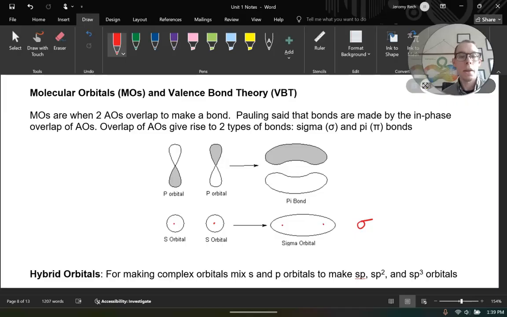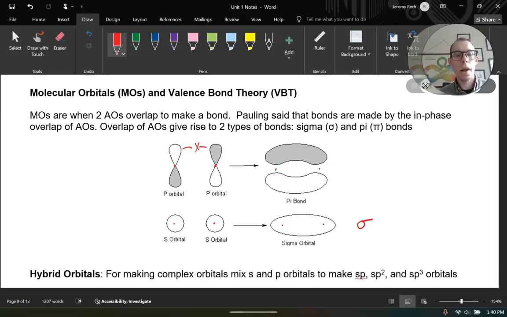You can also do the same thing with pi orbitals. Pi orbitals sitting above and below, where here's the center of your atom. Those can overlap. Now, it is important that those have the same phase. So right here, this is actually showing one that are out of phase. So these cannot overlap because one of these is clear colored where the other one is shaded.